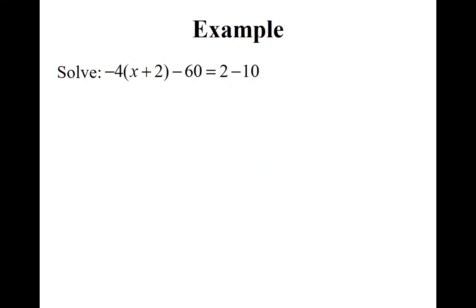So we can kind of get into the groove of there being a certain thing we do in every situation. Simplify both sides. If there are parentheses, we need to distribute to get rid of them. Combine like terms on the left, combine like terms on the right.